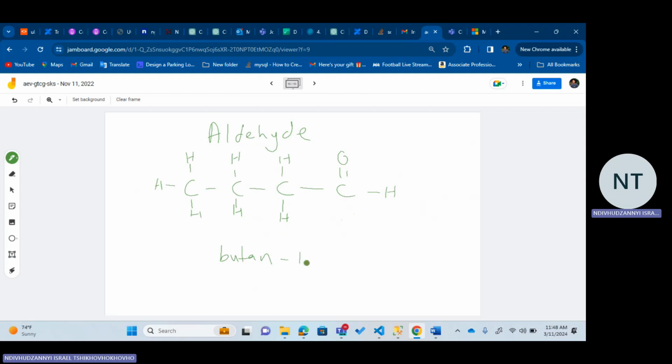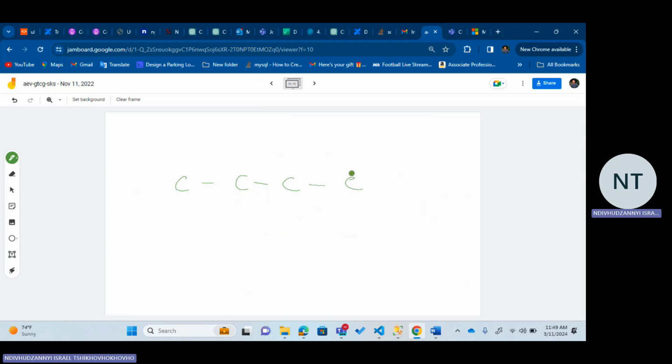It's in position 1, but the position doesn't matter. Then what's the suffix of aldehyde? It's al. So in simplest terms, it's going to be butanal, right? So if we had a side chain, then you do the side chain. So let me just do an example where we have a side chain, because I might assume that we all know, right? But we actually don't.